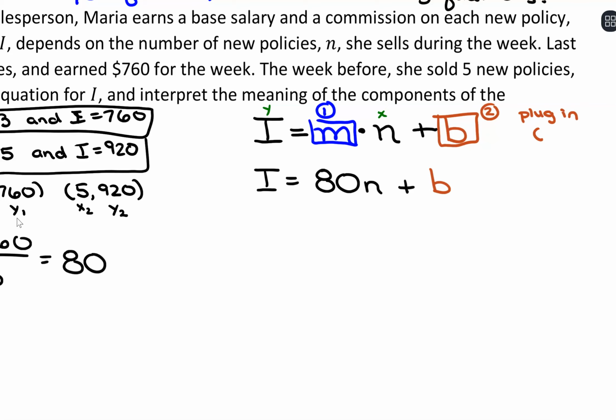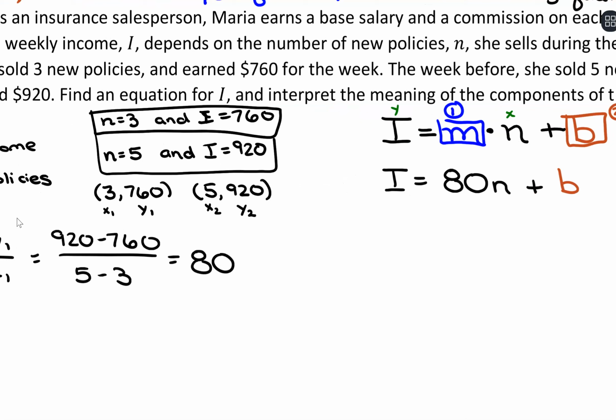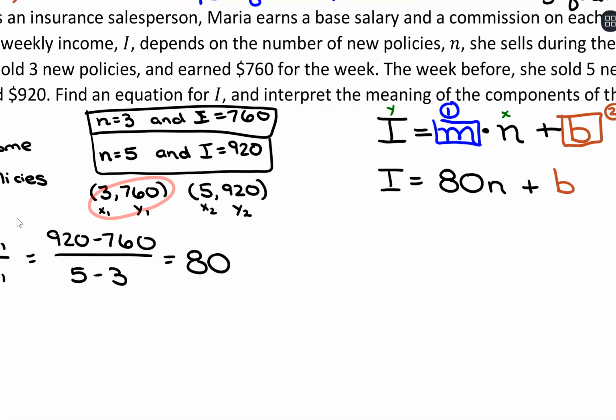In this case, our coordinates are using N and I. So we have 2 coordinates. We have this 3, 760, and we have this 5, 920, and I just need to choose one of them. Doesn't matter which one. I'm going to go with the 3, 760. No particular reason, I'm just going to use that.